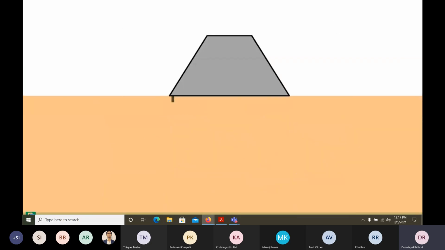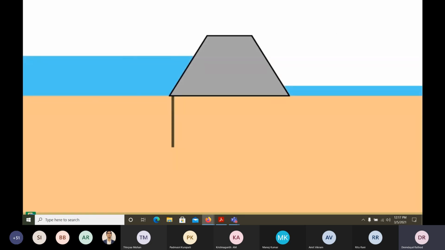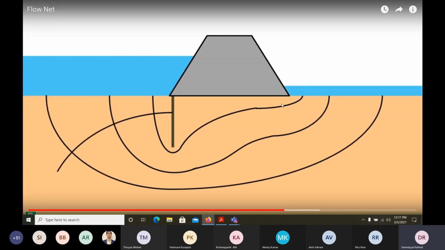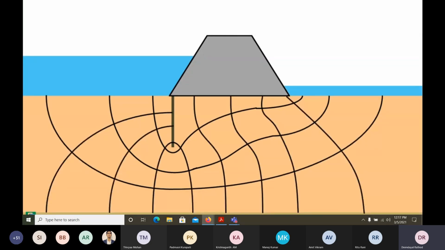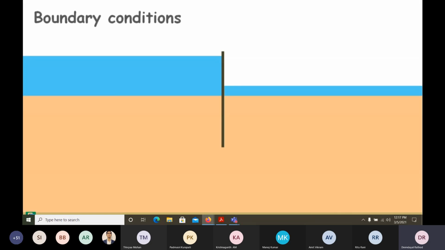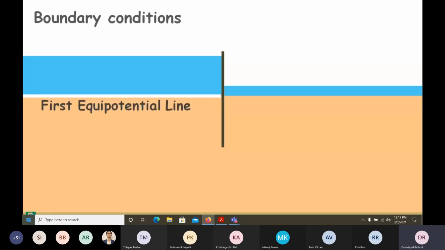If the geometry of the flow space changes, the boundary conditions will change and hence the flow net will change. Here, the first boundary condition is the upstream surface from where the flow starts. And if you notice, it is the first equipotential line of our flow net, as at every point on this line, the total head is the same.